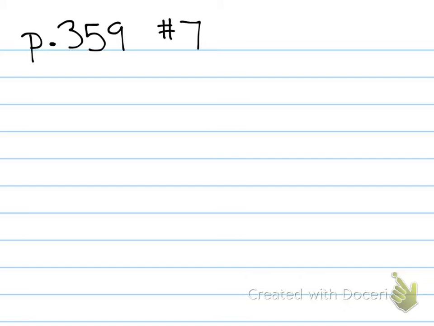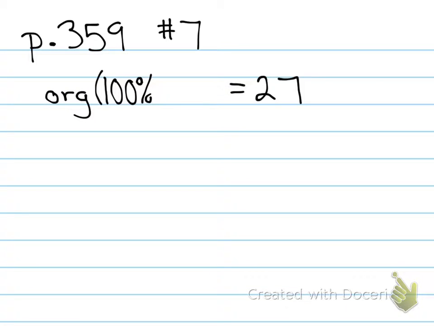We talked about the difference when it's a discount versus a markup. Let's see how many people can remember, and then we'll go over it. All right, so now, okay, so what's my total? $27. Okay, I know I'm finding my original price, so ORG is original. Do I add my percent to 100 or subtract it?